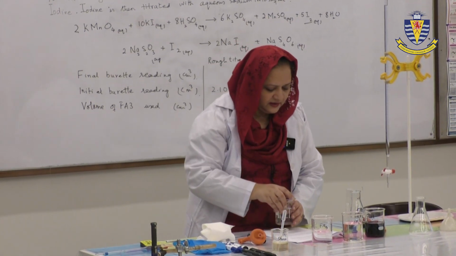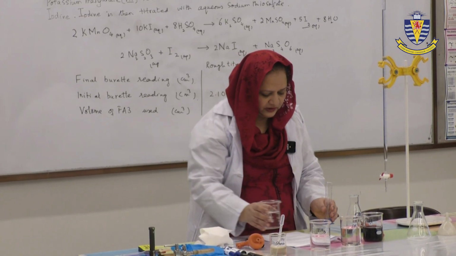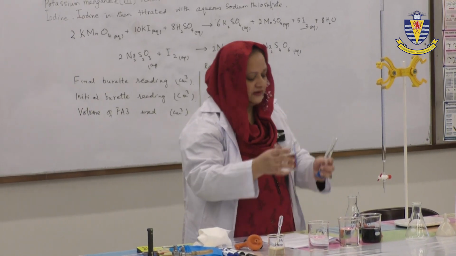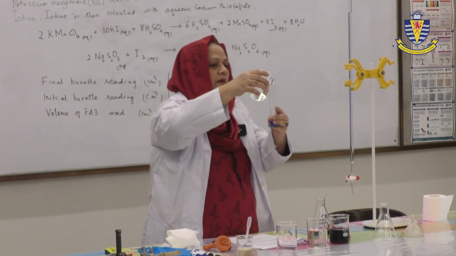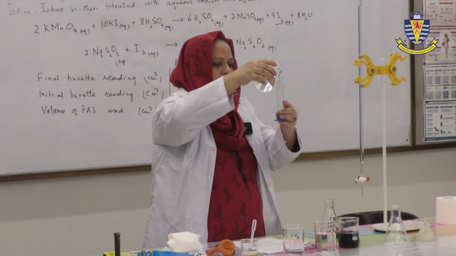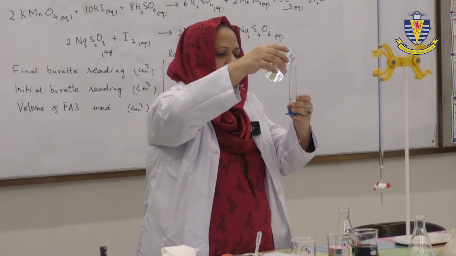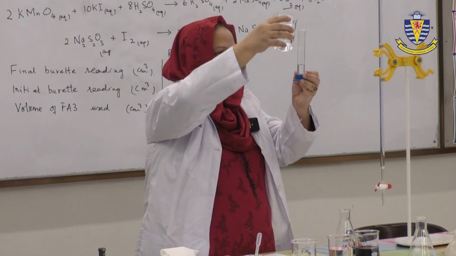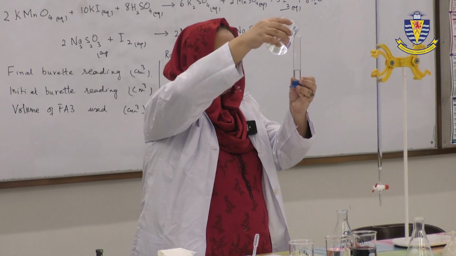Fa4 is the sulfuric acid. And we are going to add 15 cm cube of this. And again we are going to measure the lower meniscus.